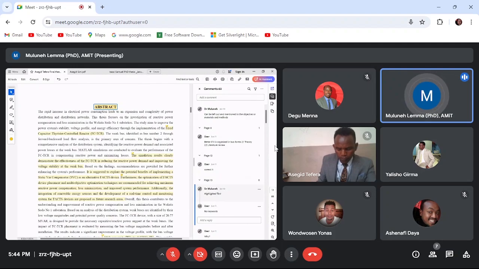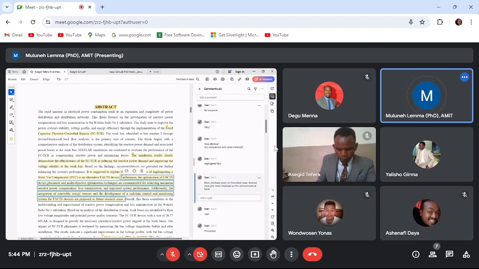And the other, you said that the simulation results clearly demonstrate the effectiveness of this one. How effective? Any comparison with other methods? That is also missing. And here it is suggested to explore the potential benefit of implementing a static VAR compensator as an alternative FACTS device, and furthermore the optimization of factors, you said.